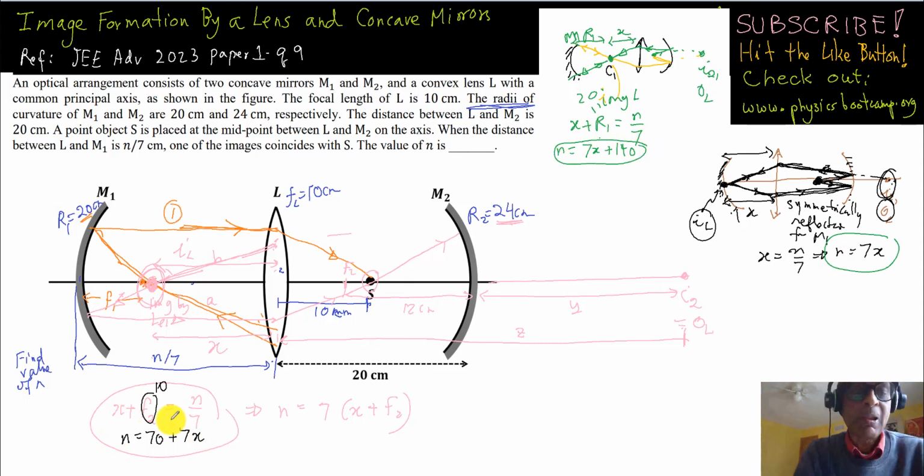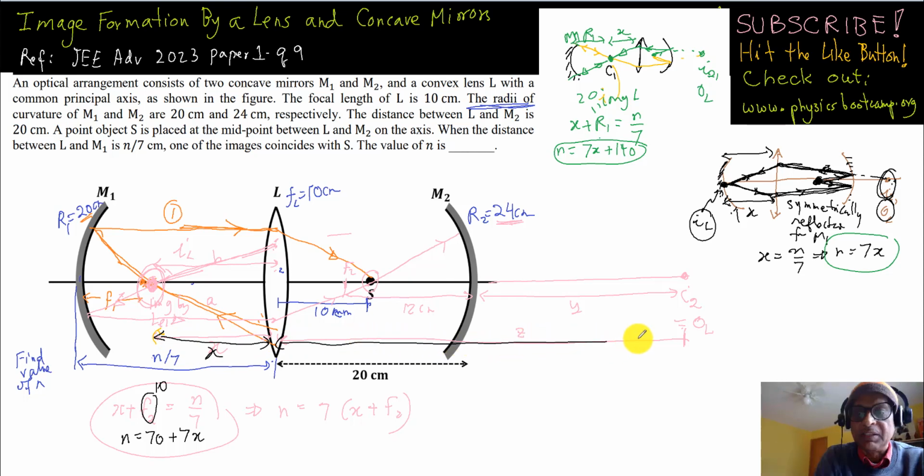Okay. So in all of this, I need to figure out X, and I will figure out X now. Let's see how we can do that. So this is X, this is X, this is X, and the object distance will be this one. So I need to figure out what the image will be for the mirror 2.